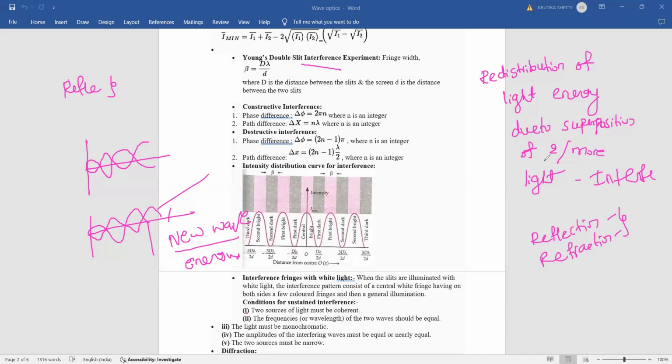This is one of the important phenomena for light. The redistribution of the light energy that takes place due to the superposition of two or more light waves is called what? That is interference of light. Yes. Is it clear, everyone? What is interference of light? Any doubt?